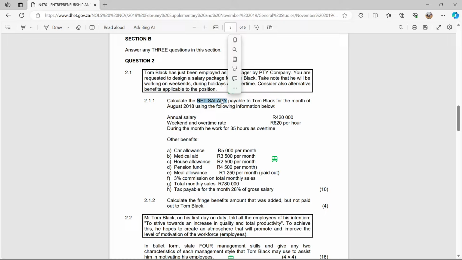Now that amount that the company pays, in this instance PTY, when PTY pays Tom Black, they will pay him a specific amount. That amount is called a gross income, right? Now that is before any deductions are made, correct? And then once we have subtracted all the deductions, we are left with a net salary, right? So in order for us to get the net salary, we need to determine the gross income, right? So here's the first thing that we need to do.